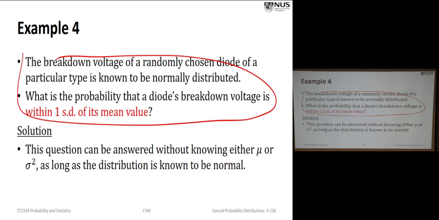Okay. X follows N(mu, sigma square), and ask probability of X within one standard deviation of the mean. So X between mu minus sigma and mu plus sigma.